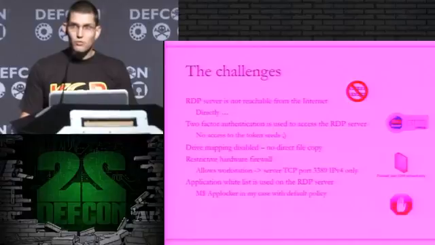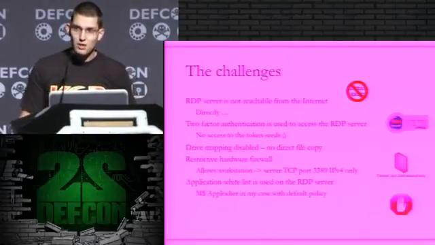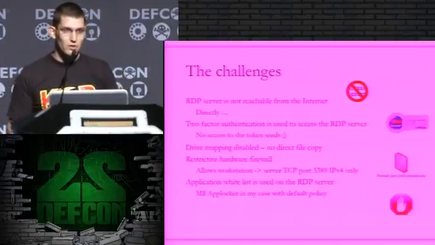And the most important thing is that there is a very restrictive hardware firewall between the users and the remote desktop server, which only allows that port from the users' workstations to the RDP server. Nothing else, no inbound, no outbound, just the RDP port. And last but not least, on the RDP server, there is application whitelisting used.